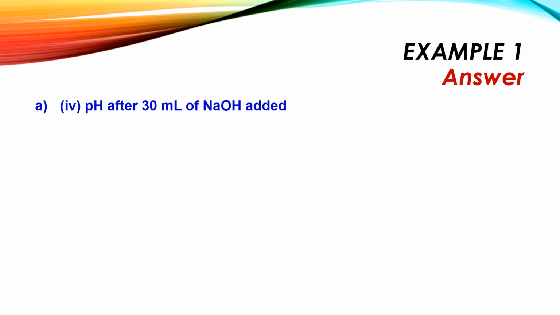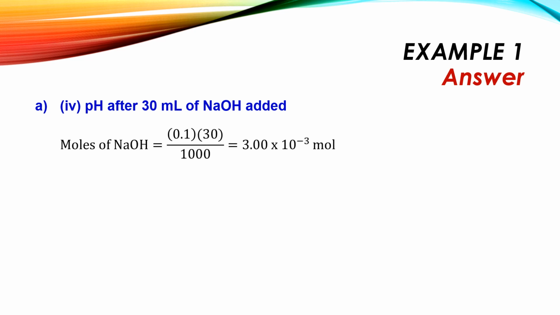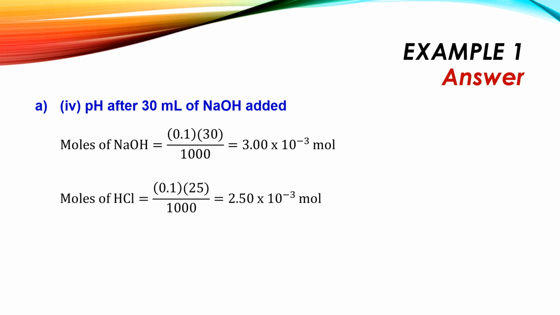Now, let's calculate the pH after the addition of 30 ml of sodium hydroxide. First, calculate the number of moles for acid and base used in the reaction. The moles of sodium hydroxide used in the reaction is 3.00 × 10^-3 moles, and the hydrochloric acid is 2.50 × 10^-3 moles.